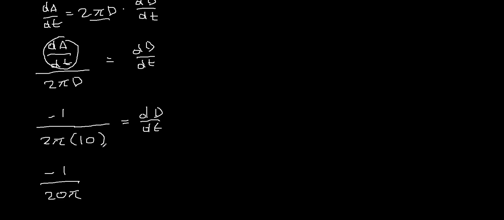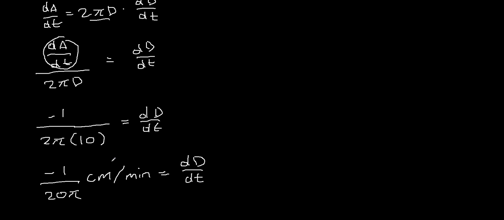And yes, I did it without keeping the units, so you have to go back and remember what units you were using. This is a rate of change in diameter over change in time, so it's probably going to be in centimeters per minute. Centimeters per minute equals that, dd over dt. Let's check if I'm right. Yes.